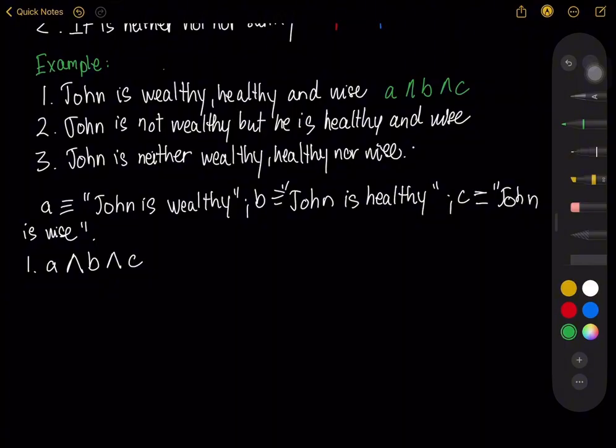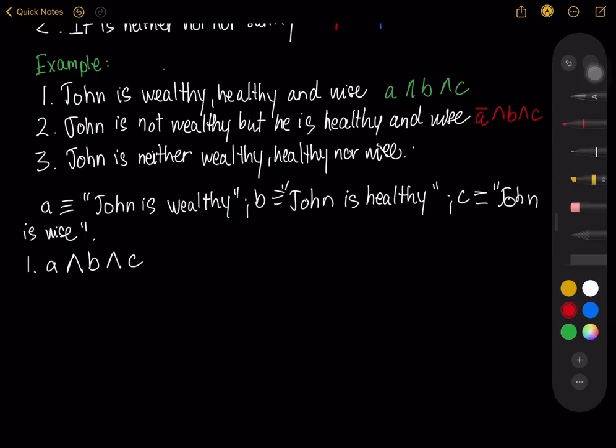How about our second? John is not wealthy, but he is healthy and wise. We have the negation of A, since John is not wealthy, so we have not A. But he is healthy and wise, so and B and C. How about our third one?